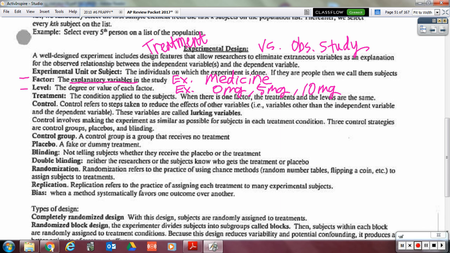Treatment is the one that you randomly assign them to. Control refers to when you're trying to control the experiment. You want to control things such as if you know a particular trait will affect the way subjects respond. If I see you have a trait that affects the way subjects respond, then I want to control that.